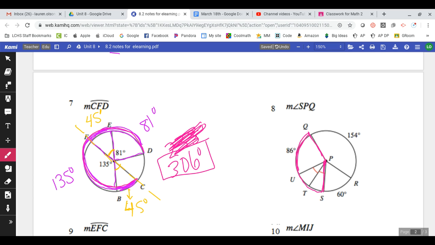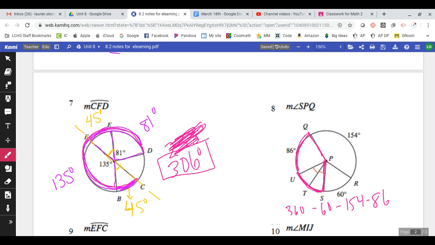So I have 86, I have this 154, and I have 60. All of this right here is what remains if I take 360 minus 60 minus 154 minus 86. Those are the only 2 pieces that are unmarked. So I'll see if I can use my calculator better than the last time.